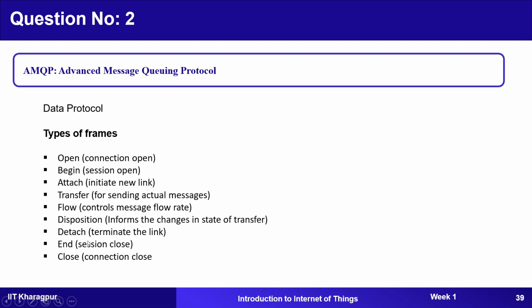The next type of message is your piggyback. In case of your piggyback message, along with your confirmation or acknowledgement, the server is going to send the data also. However, in case of your separate kind of messages, initially the connection is established, then server will send some acknowledgement for that establishment of connection.